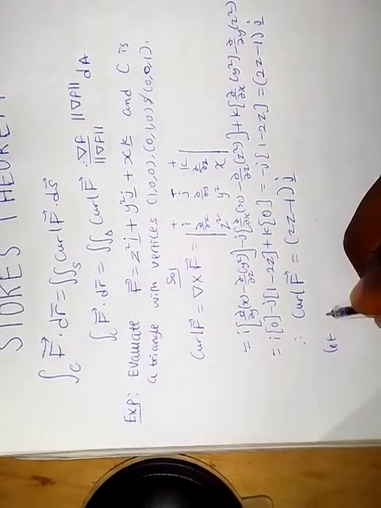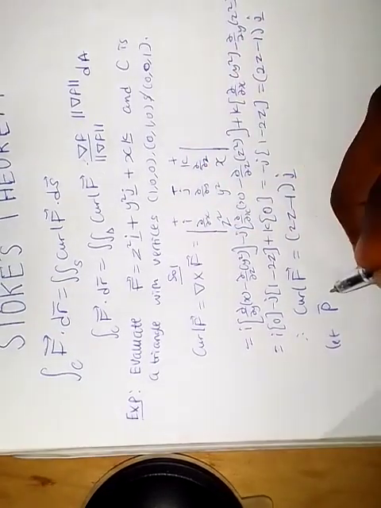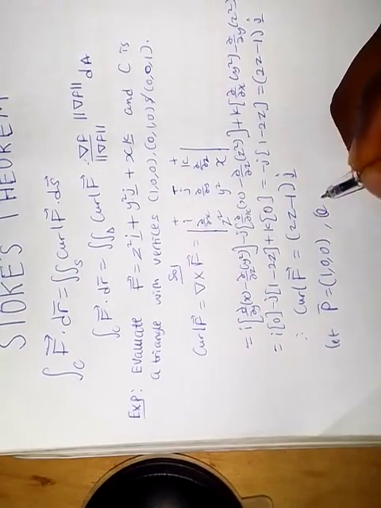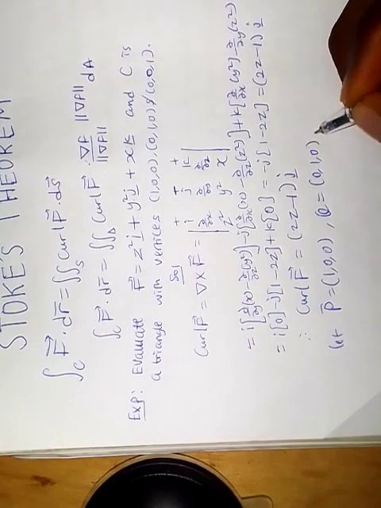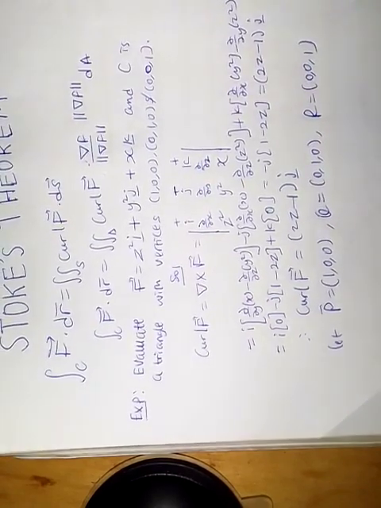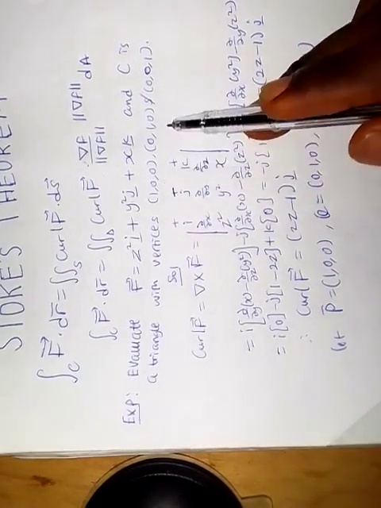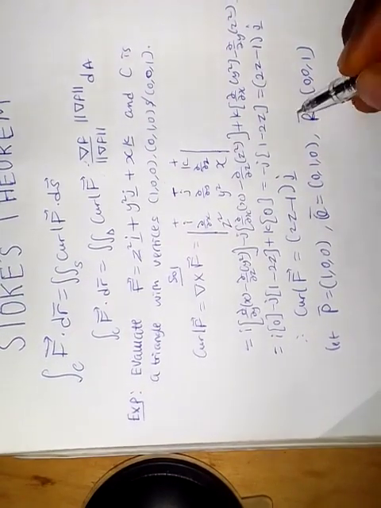let P equal (1, 0, 0), Q equal (0, 1, 0), and R equal (0, 0, 1). We have represented our vertices with P, Q, and R respectively.